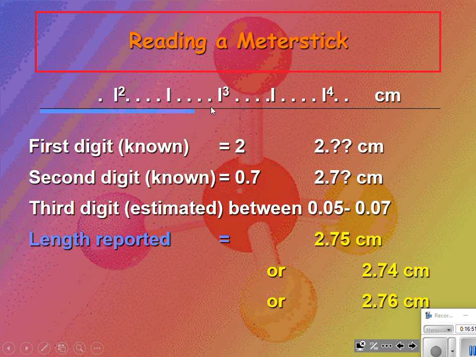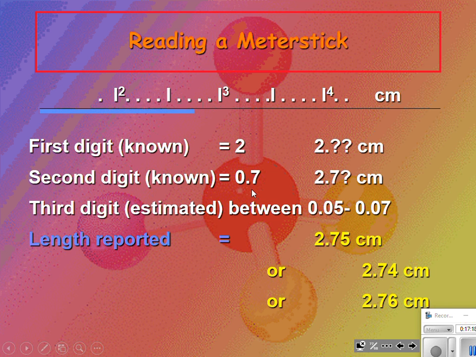Between 2 and 3, I've got 10 little markings: 1, 2, 3, 4, 5, 6, 7, 8, 9, 10. So each one is 0.1, correct? Looking at this straight on, I know it's 2.6, 2.7.